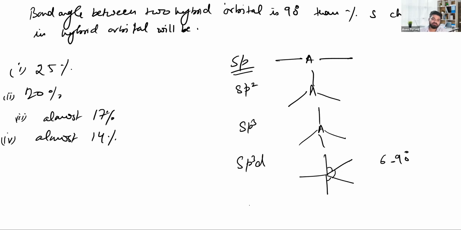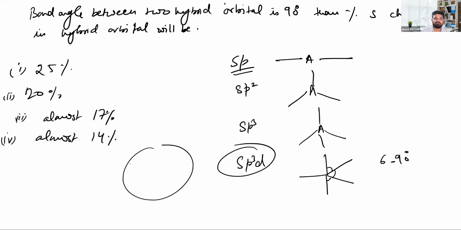Tell me what is the percentage of S character in this one? If we draw the fractions, we have 1 S, and out of the total number of hybrid orbitals, 1 and 3, 4 and 1, 5. So out of 5, if we divide this circle into 5 parts, then the S character will be only 20%.